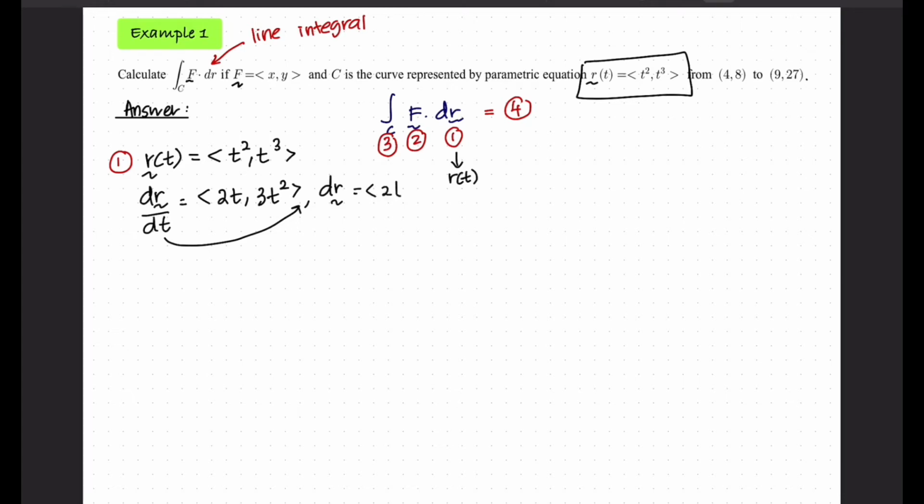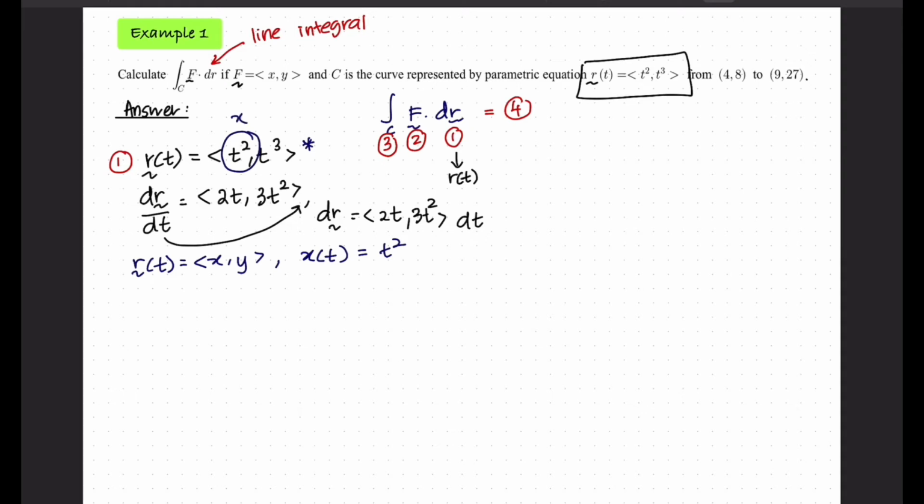You will get (2t, 3t square) dt. From r(t), you can find the value of x and also y, because r(t) equal to (x(t), y(t)). So x(t) equal to t square, and y equal to t cube.